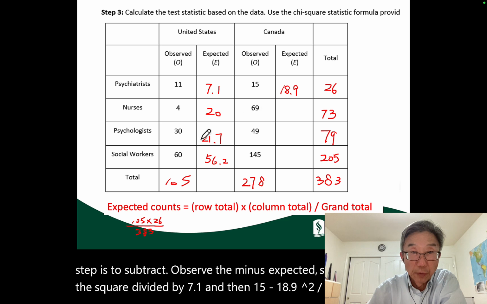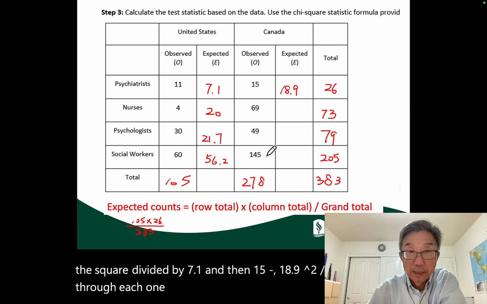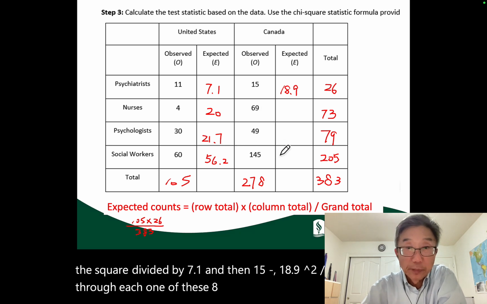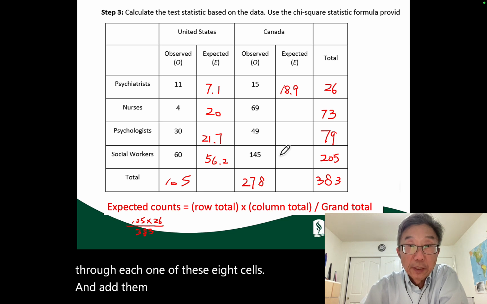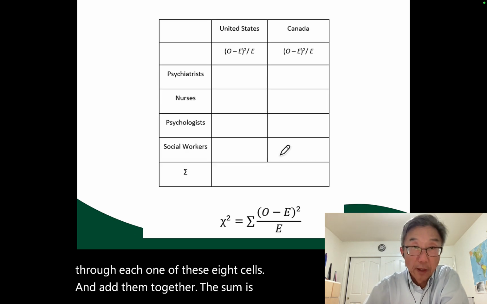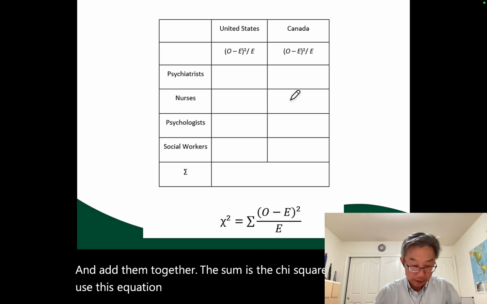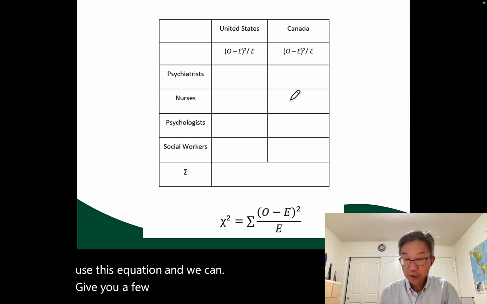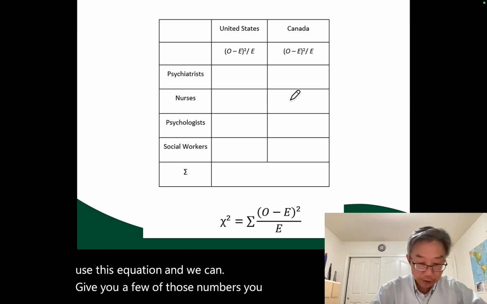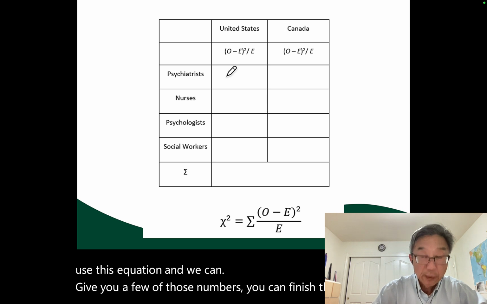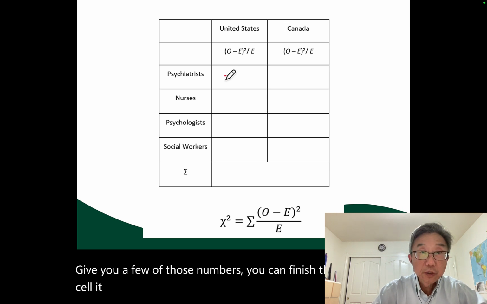And we go through each one of these 8 cells and add them together. The sum is the chi-square. So we just use this equation, and we can give you a few of those numbers. You can finish the rest. So this cell equals 2.10.